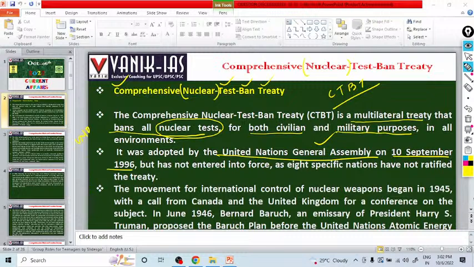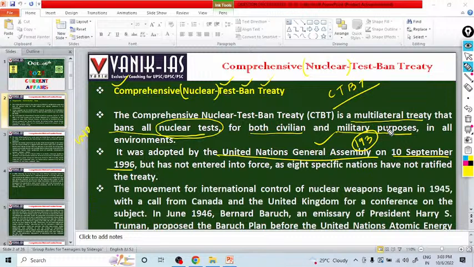primary representative body of the global organization called the United Nations. The General Assembly is represented by all the 193 members. Each and every member of the United Nations is represented in the General Assembly.